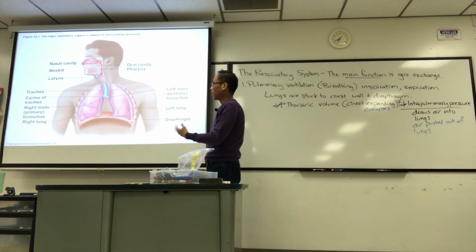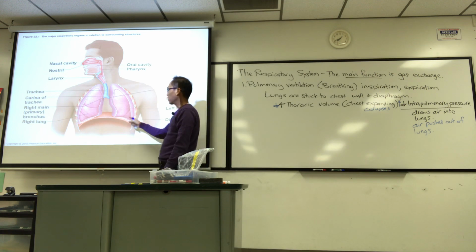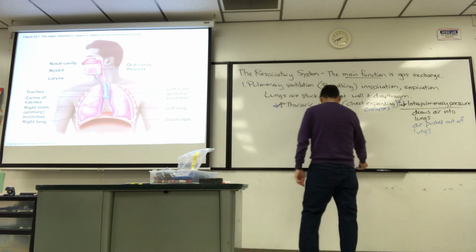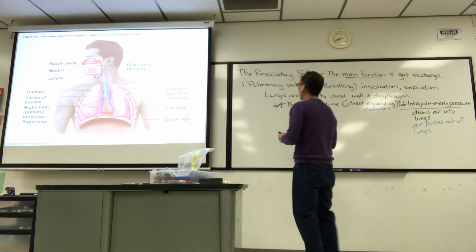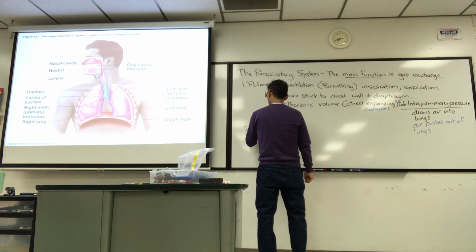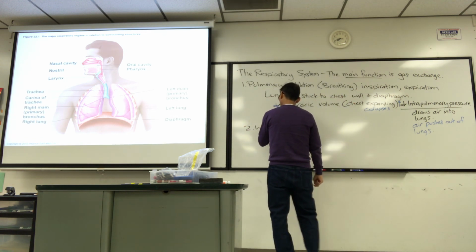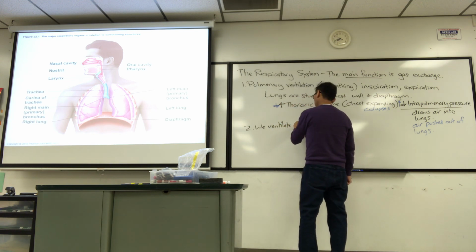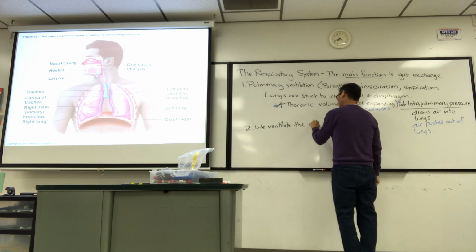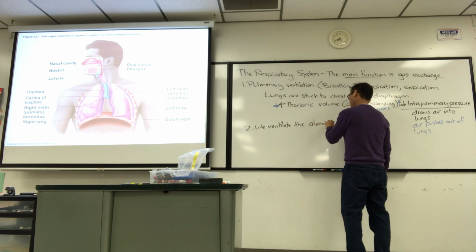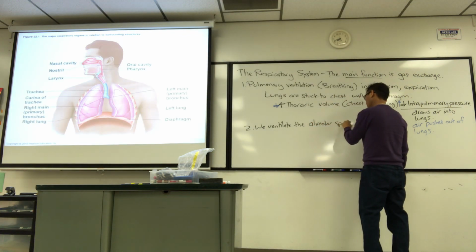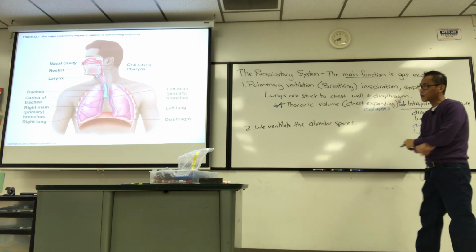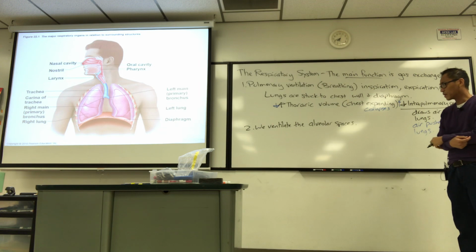But by breathing, you're ventilating what are called the alveolar spaces. So that's like point number 2. You ventilate the alveolar spaces. Okay, these are the tiny little air sacs inside the lungs that you can't see in this picture, obviously.